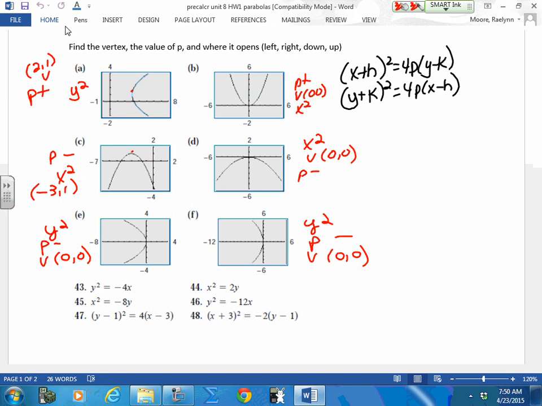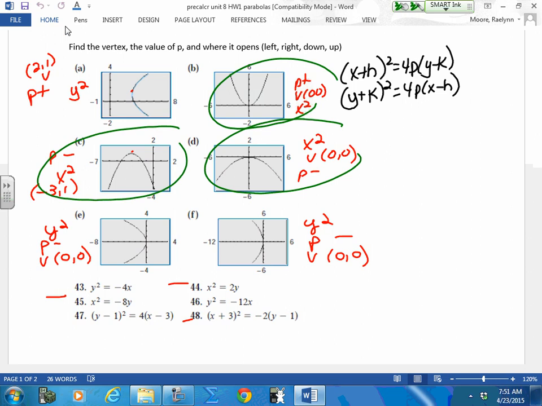Okay? Let's do all the x squareds first. This guy's an x squared. This guy's an x squared. This guy's an x squared. What one stands out as the easiest x squared to do? Let me circle all your x squareds. This one, this one, this one. The plus 3, negative 1 over here. What's the vertex for this guy?